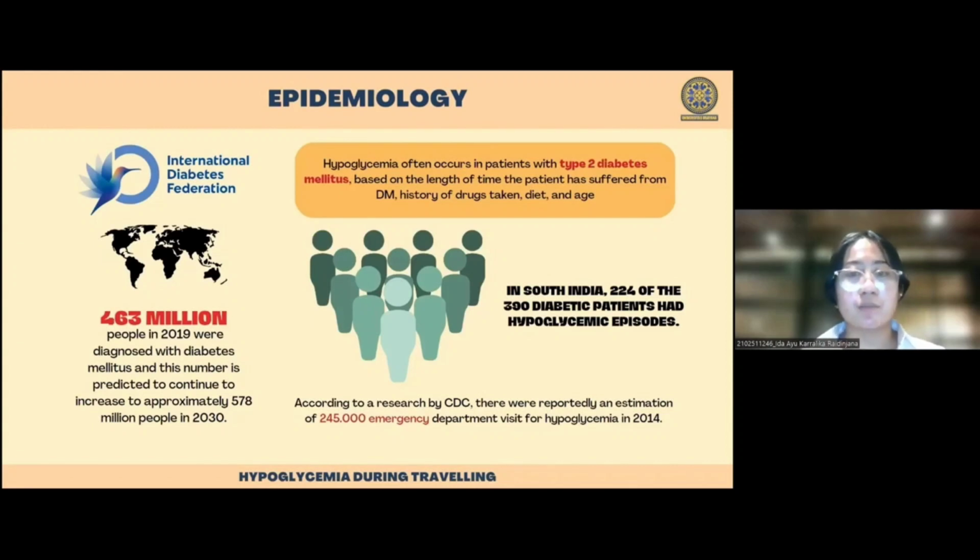Hypoglycemia often occurs in regions with type 2 diabetes based on the lifetime conditions for diabetes, for perhaps diet and age. Yet, 144 of the 290 diabetic patients have hypoglycemia, and according to research by the CDC, there were reportedly an estimated 245,000 emergency department visits for hypoglycemia in 2014.